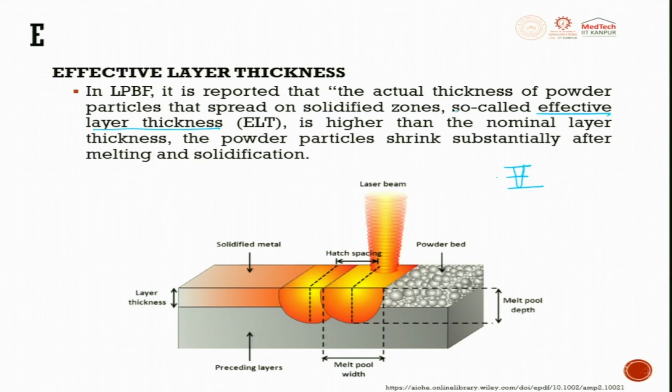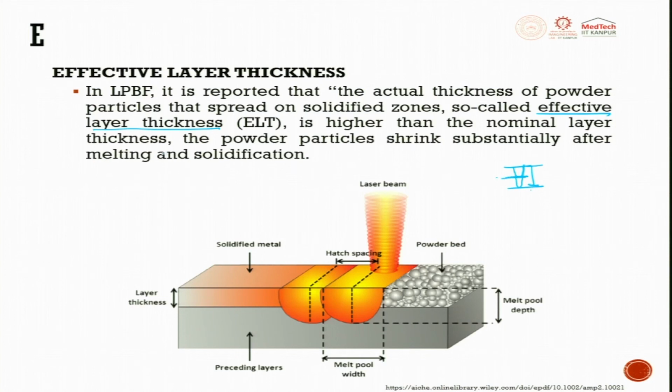So, that is what is said: the actual thickness of the powder particle that spreads on the solidified zone is called the effective layer thickness. This is always higher than the nominal layer thickness. This will make sure shrinkage is not there, delamination is not happening, and porosity does not come.